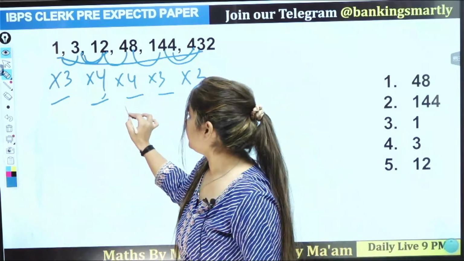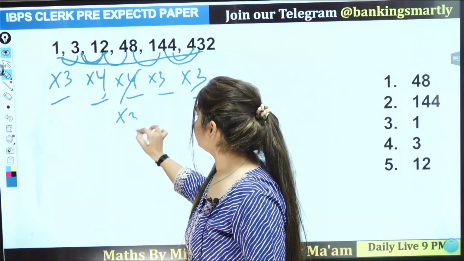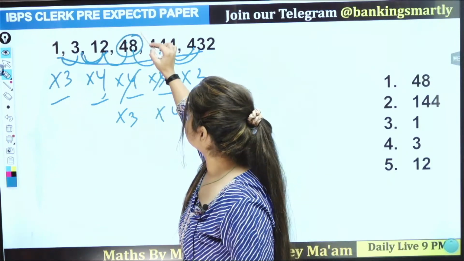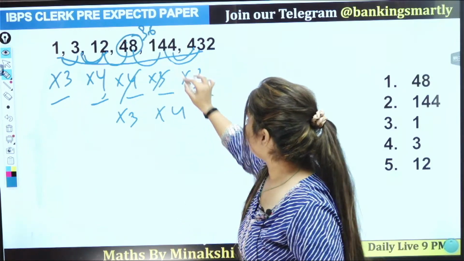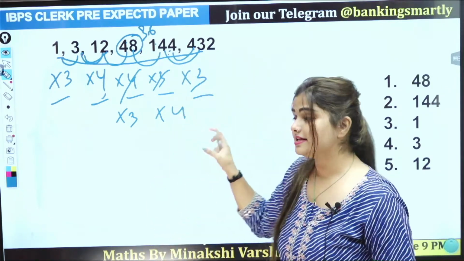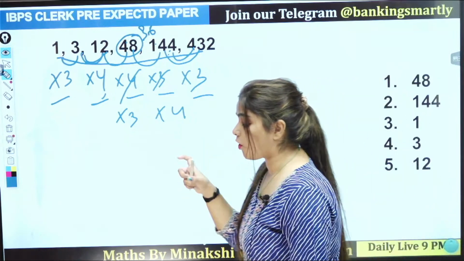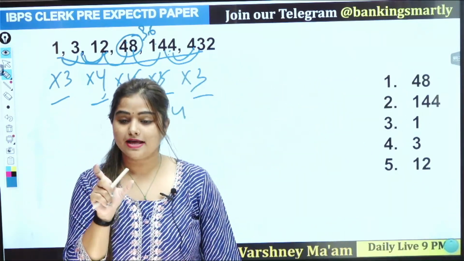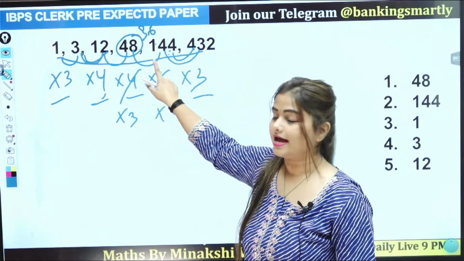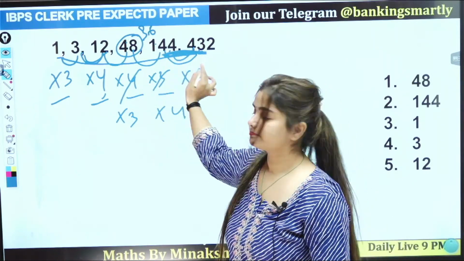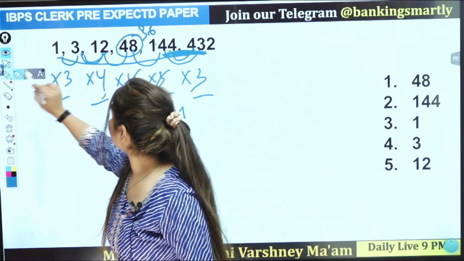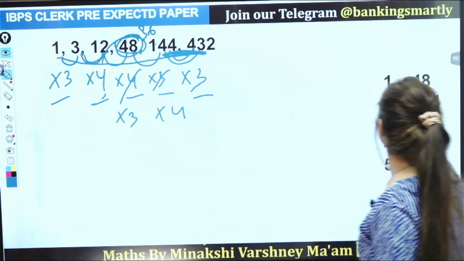So 12 times 3 is 36, and 36 times 4 is 144. That means it is satisfied. In this condition, if you are going with the alternate method, please verify the second one also, because sometimes there is some trick. So 48 is the wrong one. Option number 1 is correct.